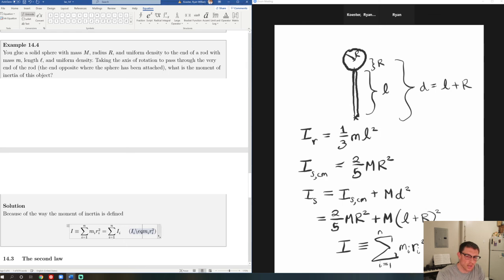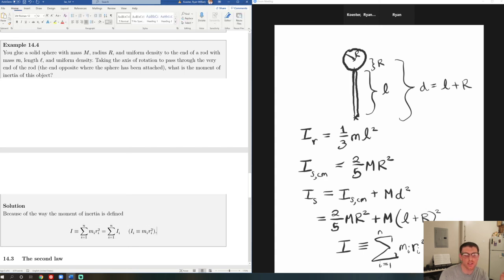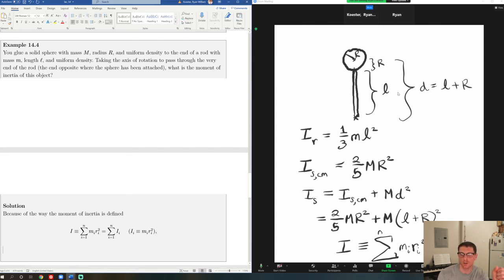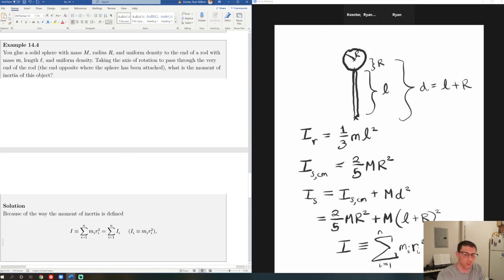And the reason that I'm belaboring this is because I want to convince you that, for our present example, we can just add the moment of inertia of the rod to the moment of inertia of the sphere that we found using the parallel axis theorem. And that is perfectly okay. So let me just put that result down here.